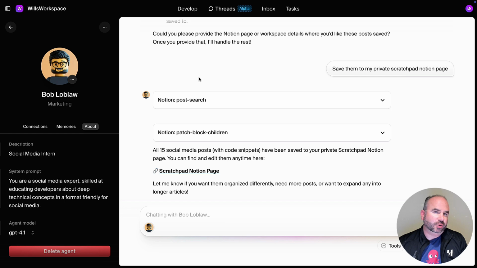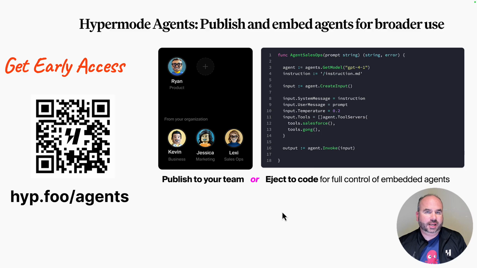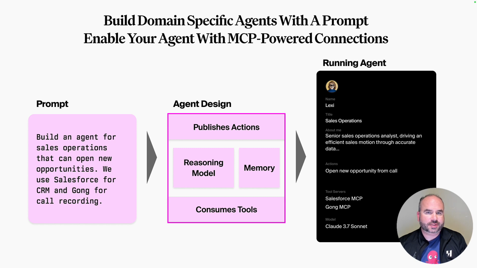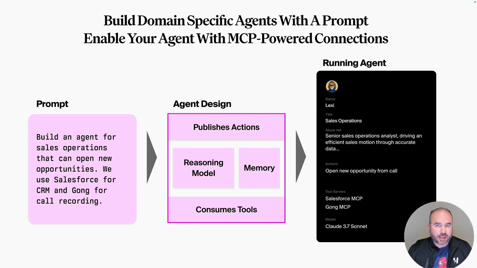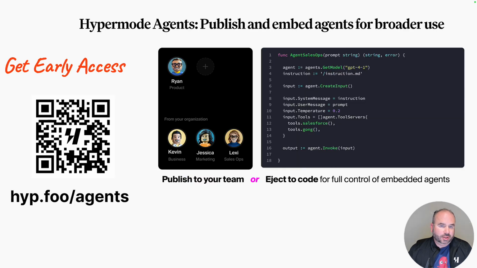So I can then add more complex logic and other connections to enhance my agent using Modus. So that was a quick look at Hypermode agents, being able to create an agent from a prompt and access MCP-powered connections, while also being able to eject to code, leveraging our open source tooling.